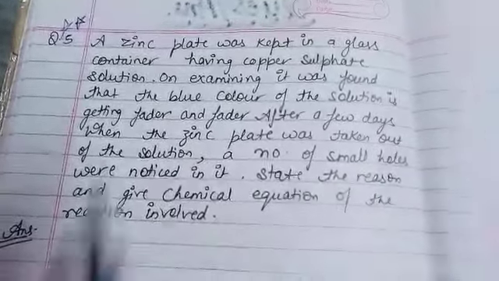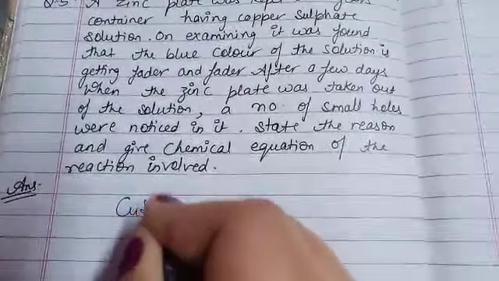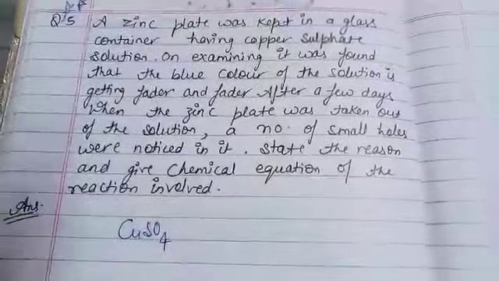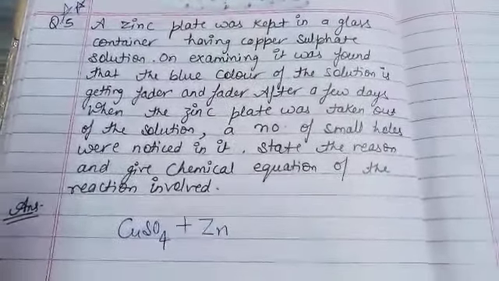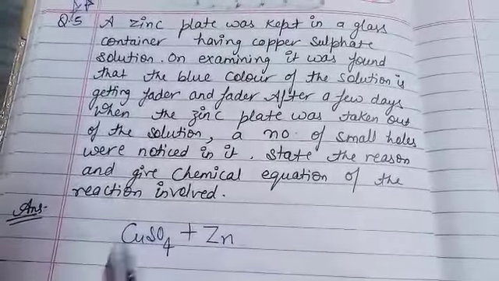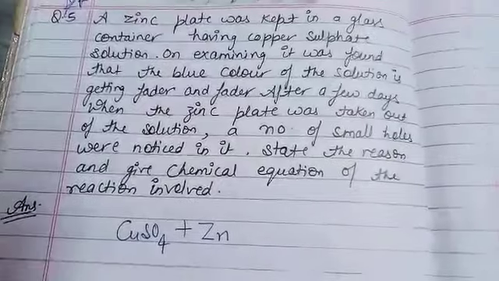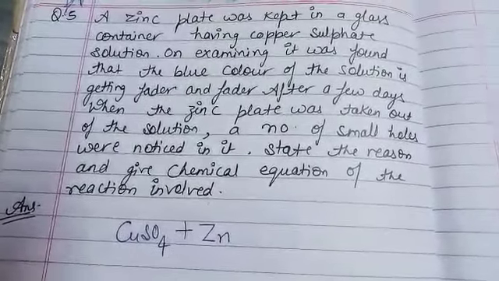Now just see, there is a solution, a CuSO4 solution, a copper sulfate solution. When the zinc plate was kept in this solution, the blue color of the solution got fainter and fainter. Why? Because in the reactivity series, zinc is more reactive in comparison to copper.